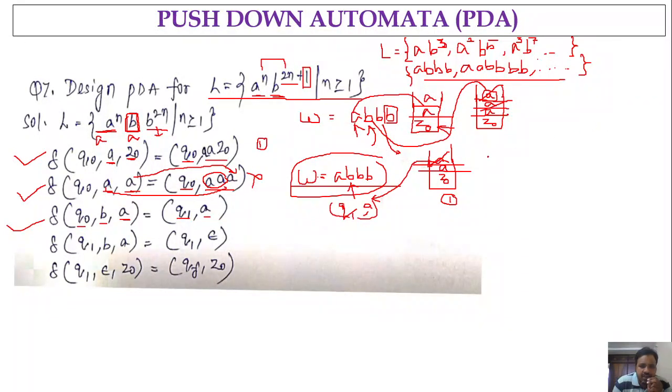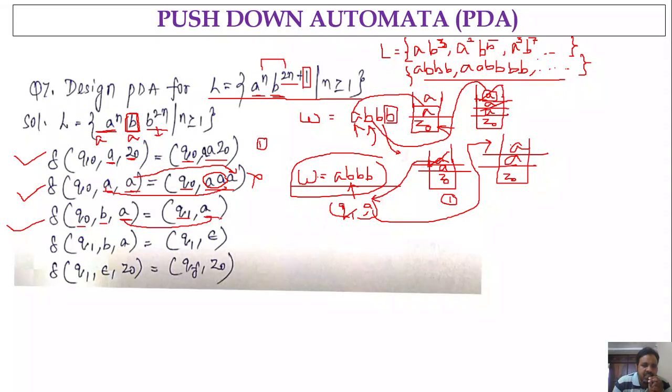So the stack content will be z naught followed by a followed by a. This is the a which we have pushed right now. The same stack symbol that we have taken out, we are pushing back onto the stack.